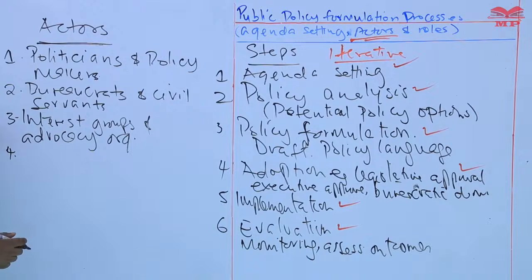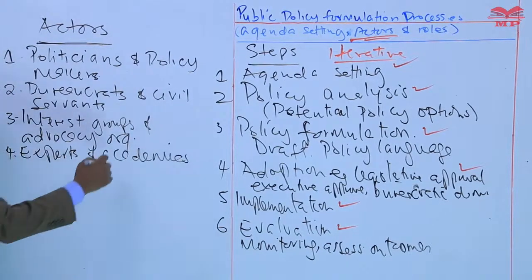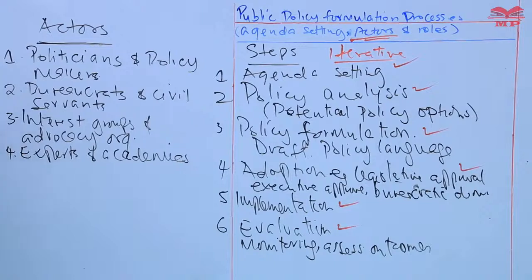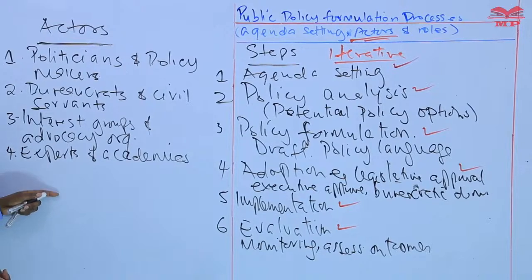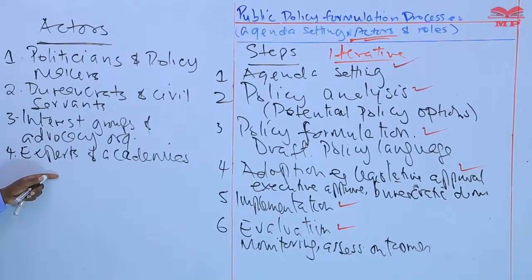We may also have experts and academics. These are individuals with specialized knowledge and expertise in specific policy areas. We may have experts in public health, economics, environmental science, and such like.